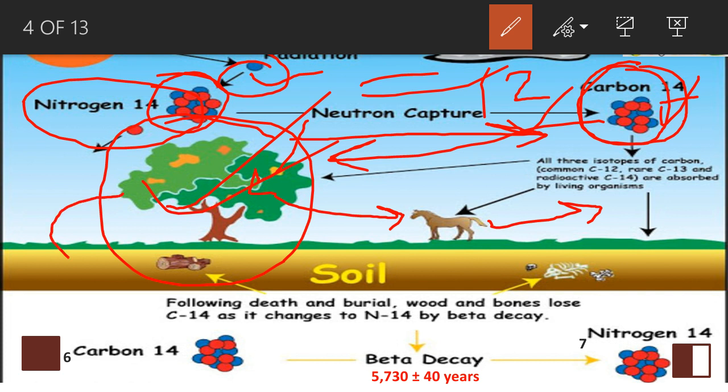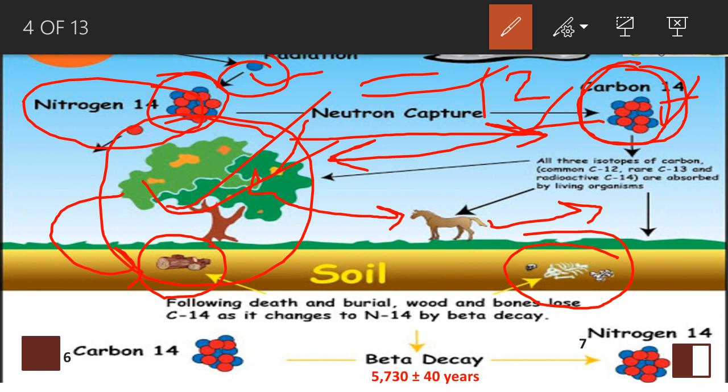After the dying of a plant, a wooden log is present in the earth crust, or animal remains are present in the earth crust in the form of fossil. When they are buried and start decaying, at that time there is no exchange of matter with the surroundings. That means no intake of carbon and no loss of carbon.